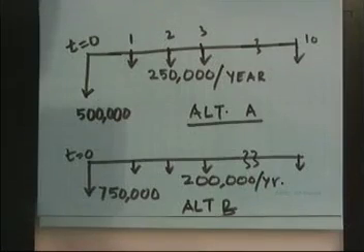So, if you look at it the other way round, you have to invest a larger amount for alternative B, but you have to spend lesser amount towards its operation and maintenance. Now, suppose this is the problem given to you and you are told to find the most optimum solution or the most economical solution, how to proceed.